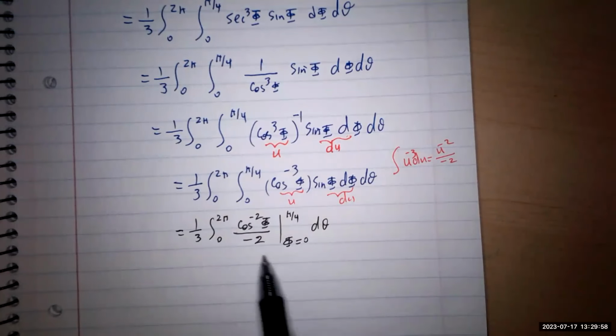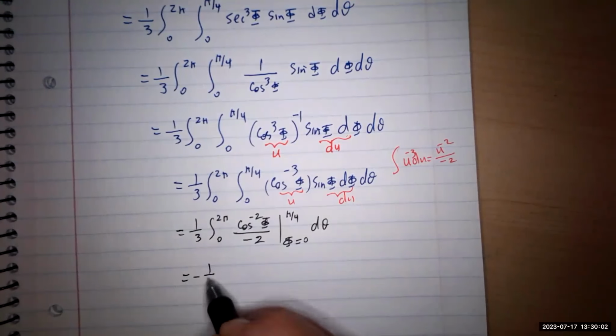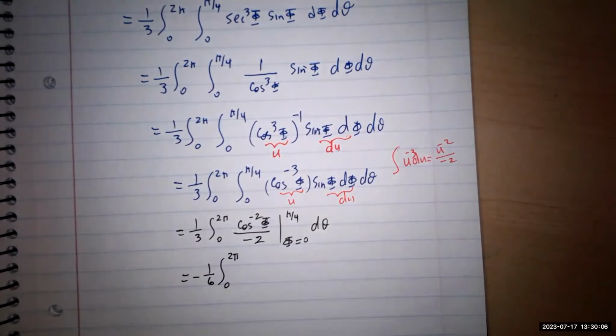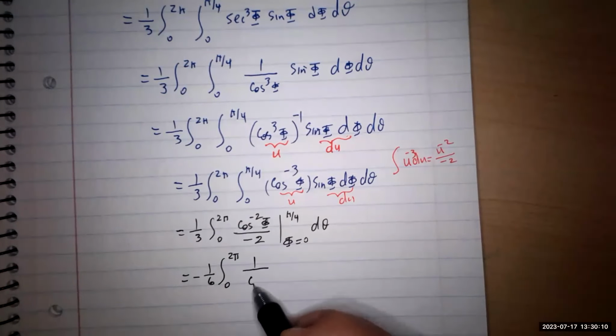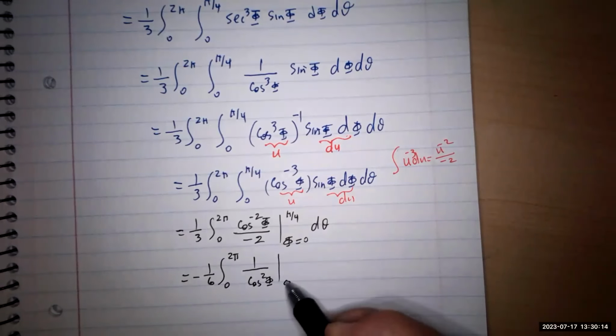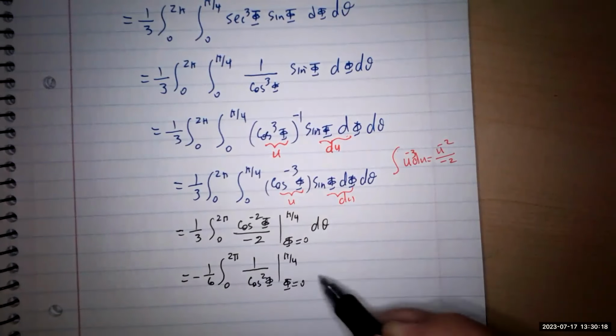You are going to substitute and simplify. You pull out this -2, so that gives you a -1/6 integral from 0 to 2 pi. You can bring it down: it's going to be 1 over cosine squared of phi. Then substitute phi equal to 0 and phi equal to pi/4, and the d theta.